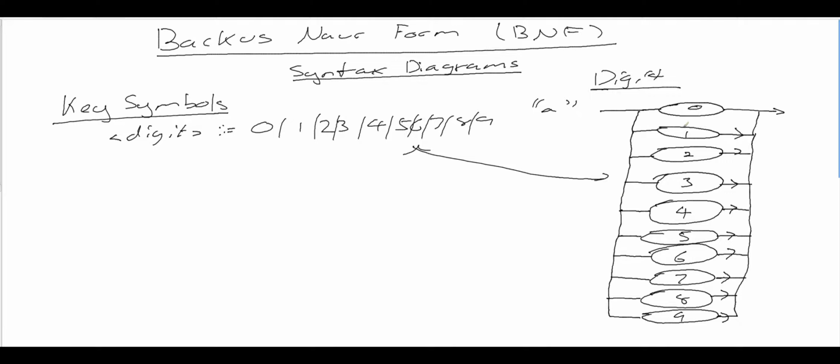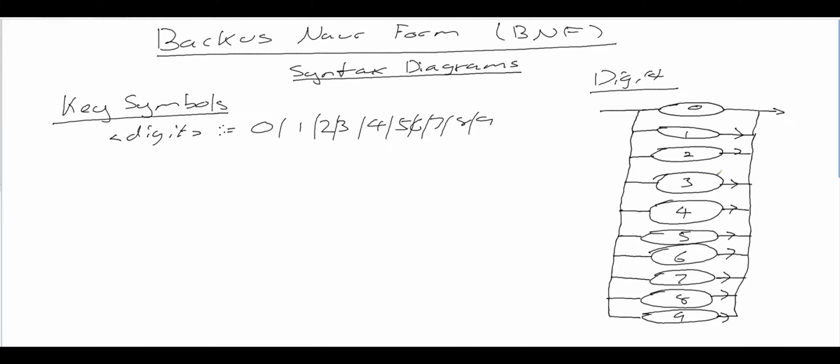And I can't pass through any of these because my A isn't a 0, a 1, 2, 3, 4, 5, 6, 7, 8 or 9. So my A is not a digit. That's how you draw a syntax diagram for one of these simple BNF production rules, where we're just saying that something here is defined by some fundamental things here.